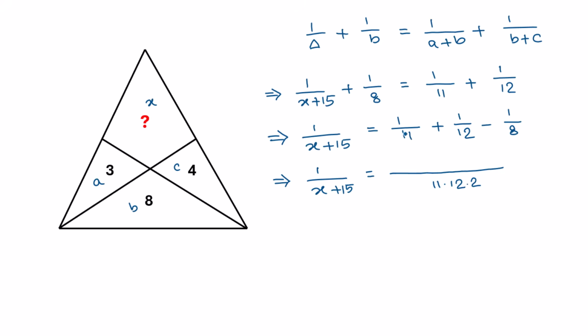Now 11 divided by this 11 is cancelled, and 12 times 2 is 24, plus here this divided by this 12 will cancel and remain 11 times 2 is 22, minus here if we divide this term by 8, this 12 times 2 is 24 divided by 8 is 3, and 3 times 11 is 33.